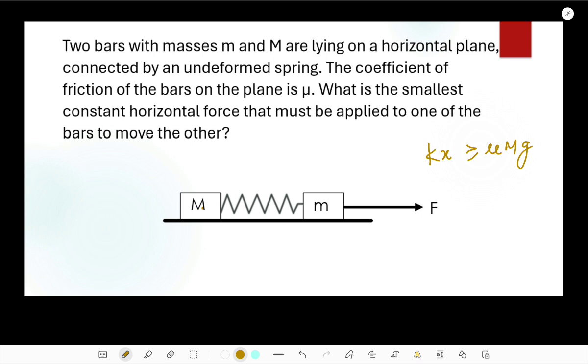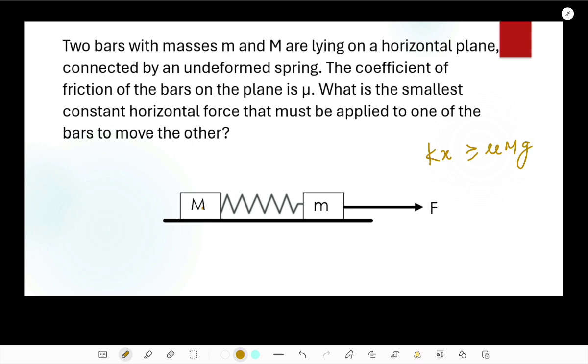Suppose we moved the block, and whenever I try to move the block of mass small m, a friction force will appear, and it will be the force of kinetic friction, because I am really going to move it, because I need the length of the spring to be extended. So I will be moving the block of mass small m.